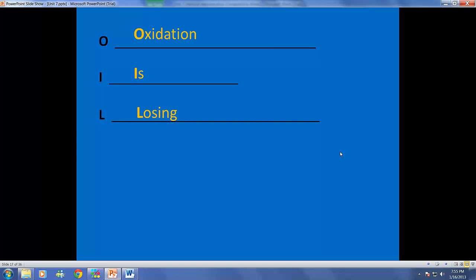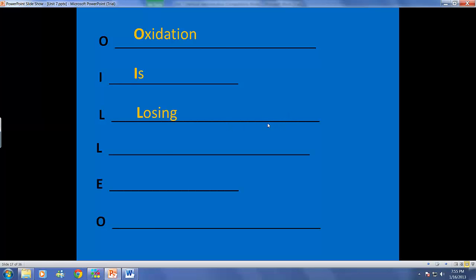It's just OIL RIG or LEO says GER. So the first one for OIL RIG is oxidation is losing, and when I'm talking about losing, I'm talking about electrons. You may want to add that, electrons. Then the second part, losing electrons, is oxidation.